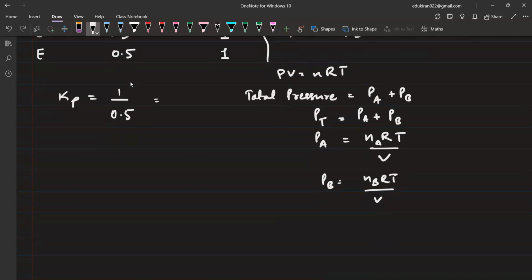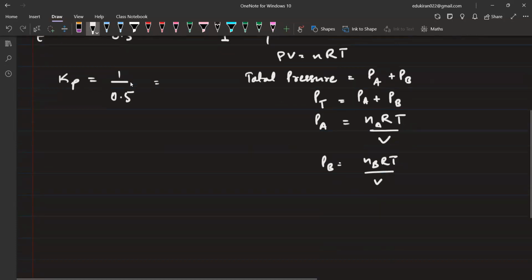Now see, this is number of moles of A upon RT and volume, and we can see number of moles divided by volume.